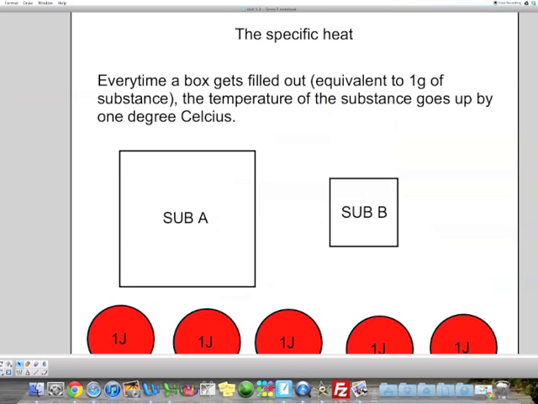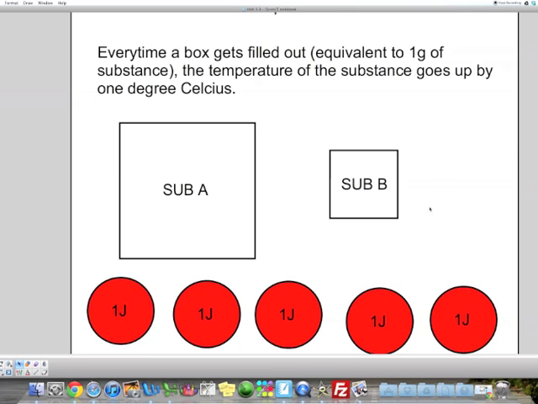Secondly, we will look at the specific heat. The specific heat is the amount of energy necessary to increase the temperature of 1 gram of substance by 1 degree Celsius. So let's pretend here that I have two substances, substance A and substance B. They both weigh 1 gram. Now the size of the box represents their specific heat. So substance A has a large specific heat, substance B has a smaller specific heat capacity.